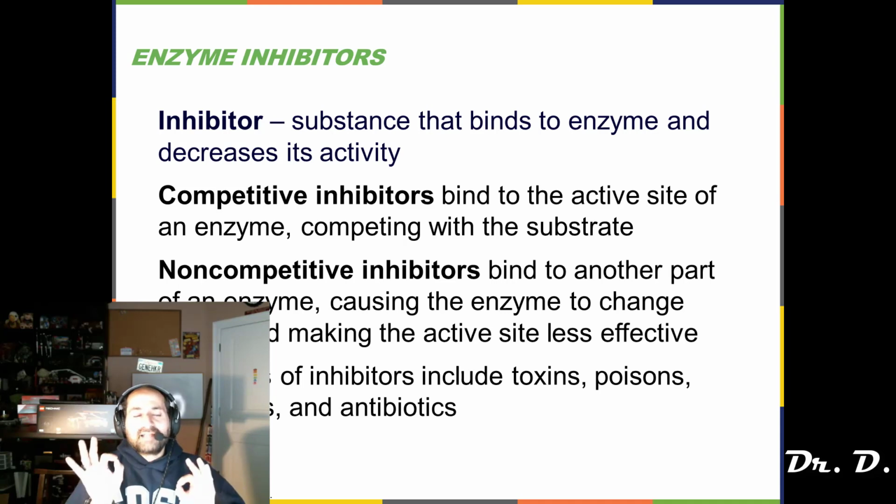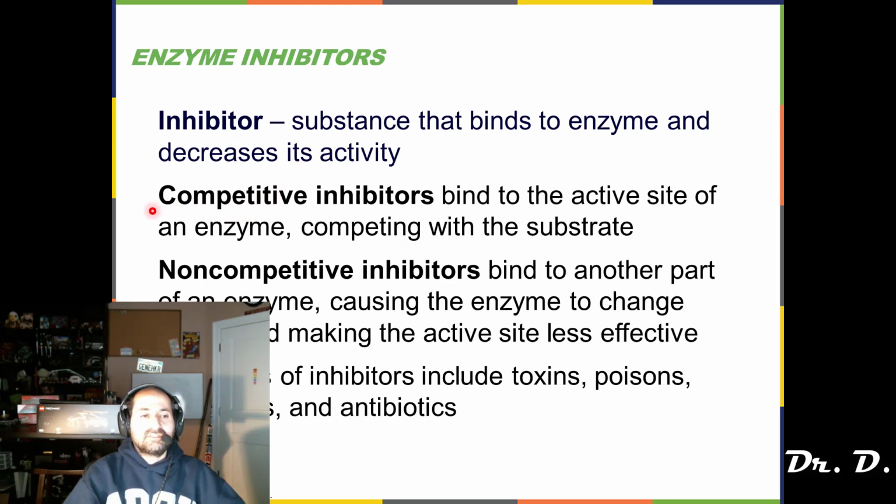So if a cofactor is an enzyme helper, an inhibitor is the opposite. An inhibitor, the term inhibit means to stop, right? Or cease. An inhibitor is a molecule that binds to an enzyme and stops it from working, okay? A substance that binds to an enzyme and decreases or stops, attenuates its activity.